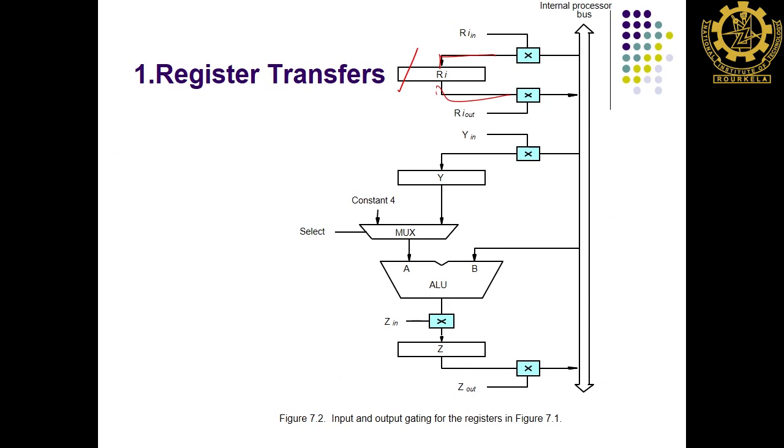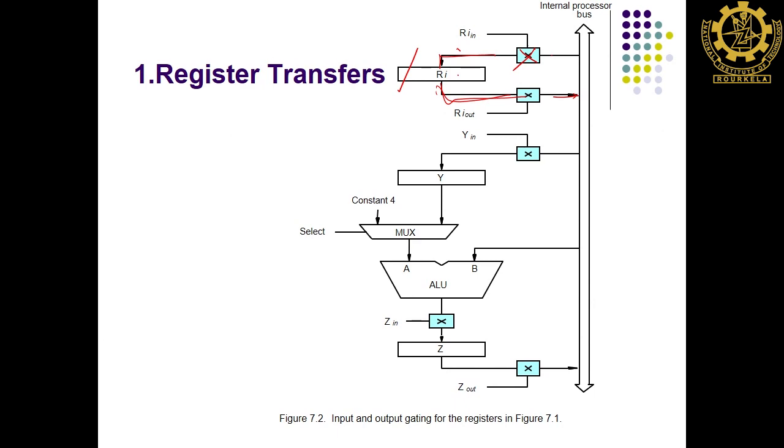Here, see what you do. In this case there is a control part: if it is 0, then no data will go to this register, and if it is 1, then whatever the value is will go to the internal processor bus.